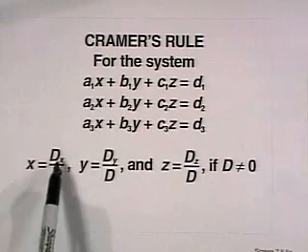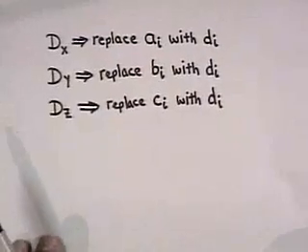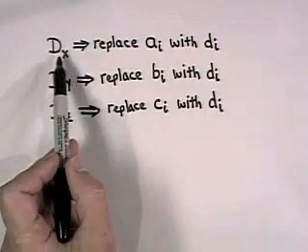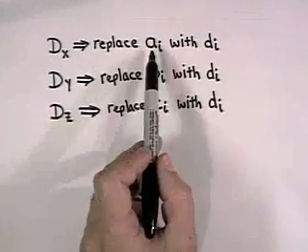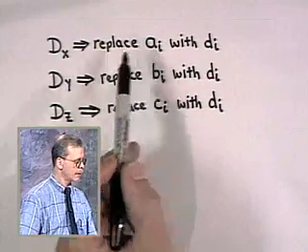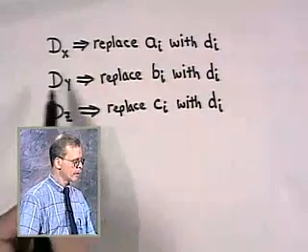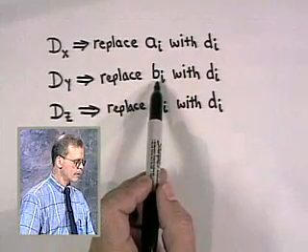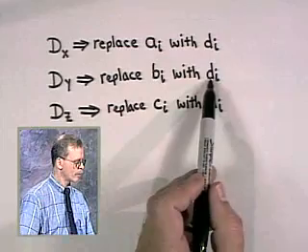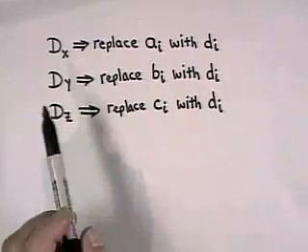To find the d sub x, d sub y, and d sub z, we do this. To find dx, we take out the a, or coefficients of x, and replace them with the constants. For dy, we take out the b values, the coefficients of y, and replace them with the constants. And similarly with dz. Let's see how this will set up then in a specific example.